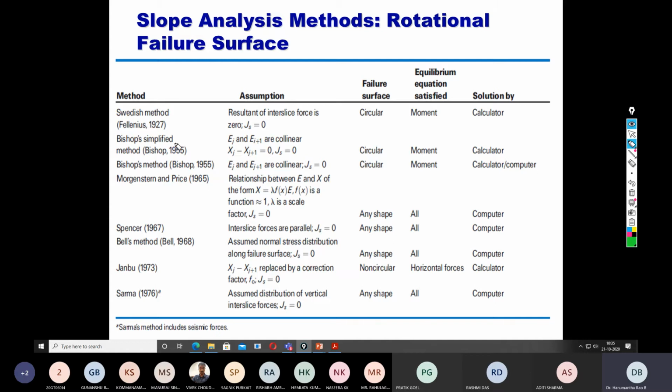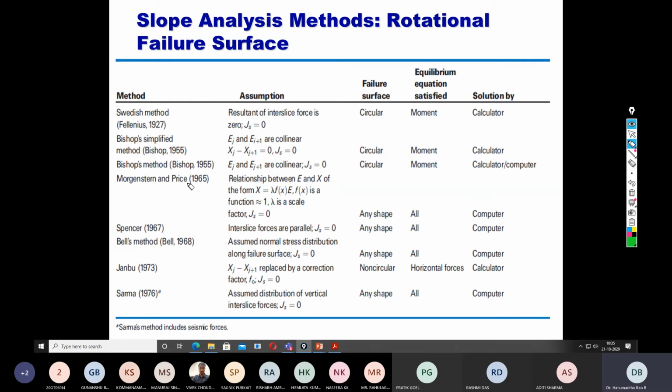In the Bishop simplified method, EI and EI plus 1 are collinear, these are normal forces, and XI minus XI plus 1 is 0. Here also no interslice forces, circular, moment, and calculator. Then in Bishop's modified method, EI and EI plus 1 are collinear, J is equal to 0, circular, moment, calculator.